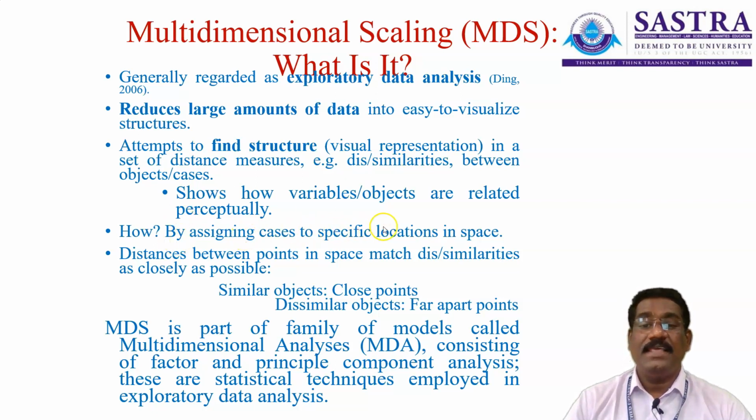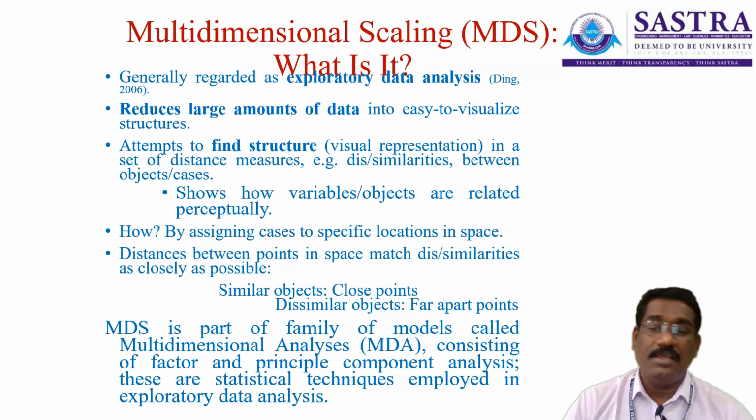By assigning cases to specific locations in a space, it can be measured. Distances between points in space match dissimilarities and similarities as closely as possible. Similar objects will have close points and dissimilar objects will have far apart points. That's where we are able to classify them.